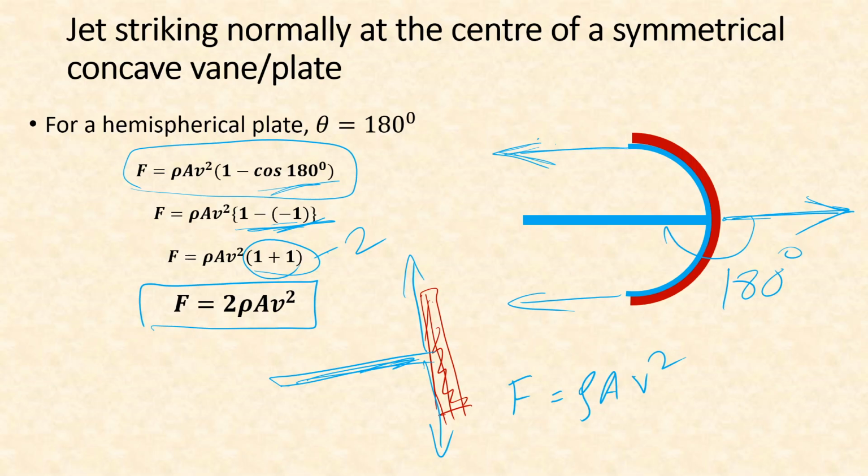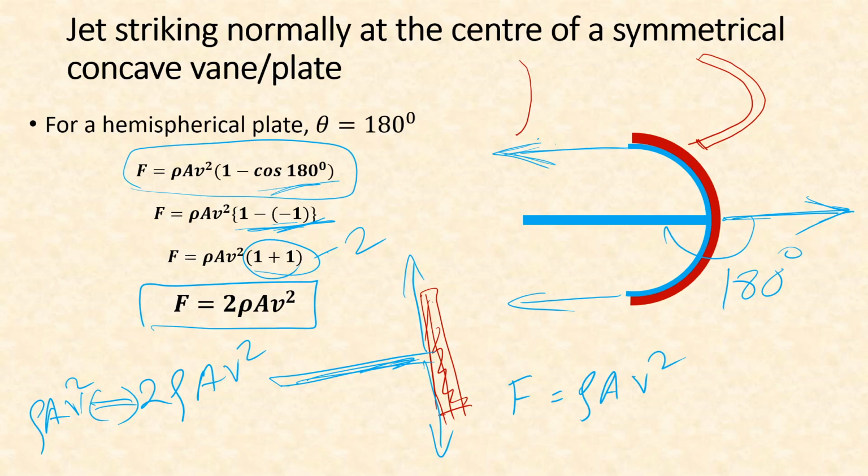Any other angle between 90 and 180 degrees will give you some value between rho a v square and twice rho a v square. That will be the case for any plate shaped like this or this.